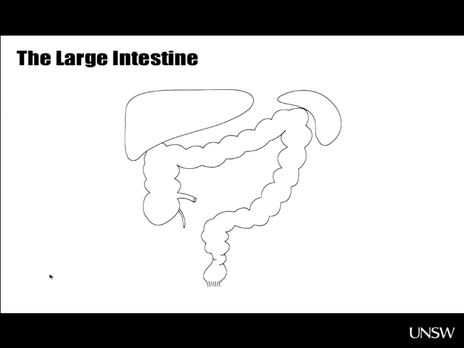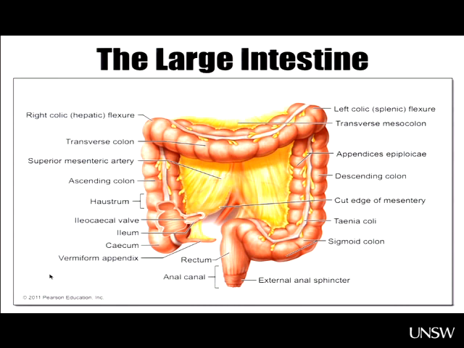Now, the reason why I give you line diagrams is that you can actually reproduce these yourselves. This is obviously a very nice, pretty picture, but you've got no hope of reproducing that in an exam. So the reason I give you these simple line diagrams is that you can practice them at home.